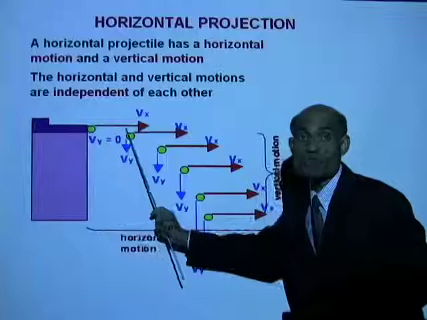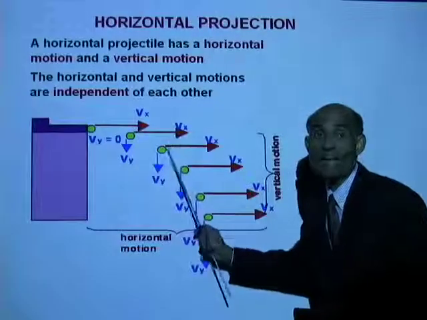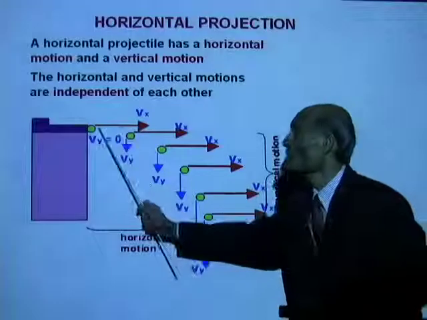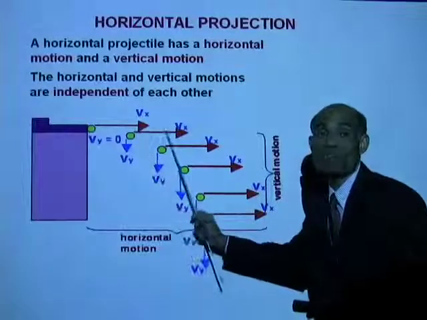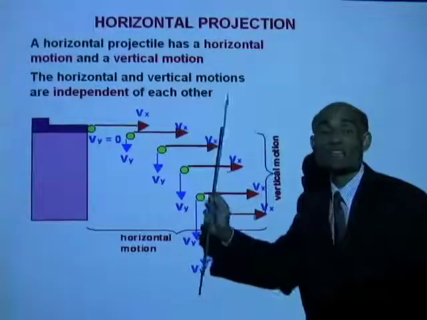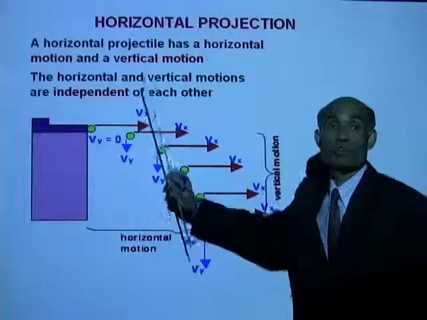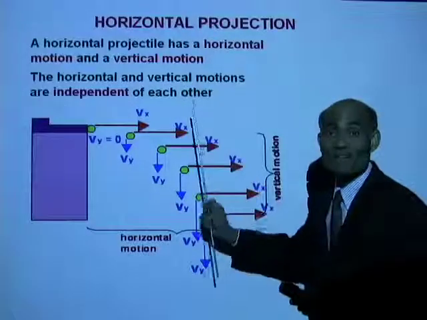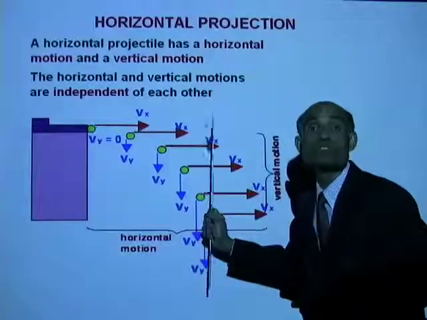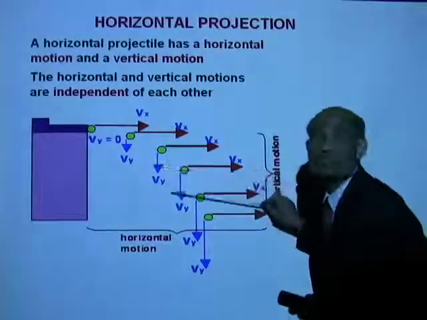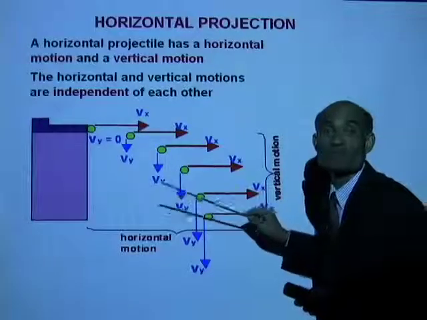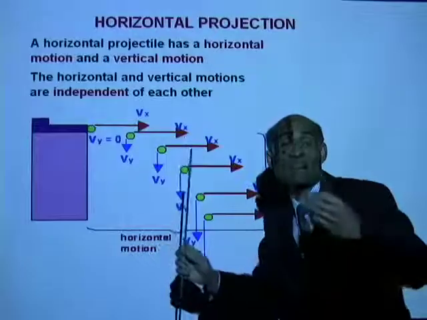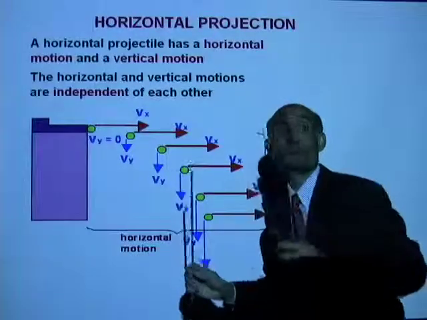The horizontal motion continues as though there is no vertical motion. In other words, the horizontal motion of this projectile here is exactly the same as the horizontal motion of the ball on the platform. You see? The horizontal motion continues as though there is no vertical motion, and the vertical motion continues as though there is no horizontal motion.